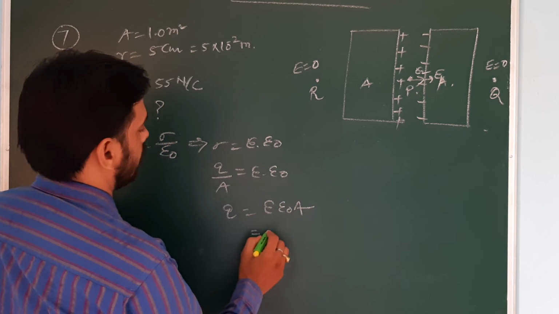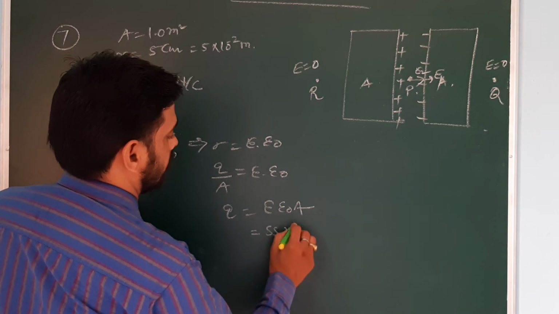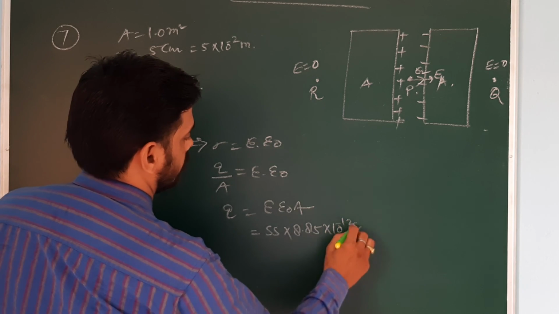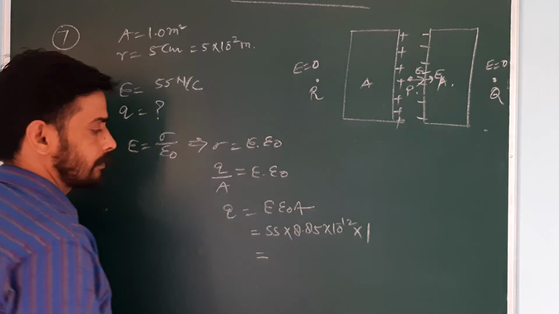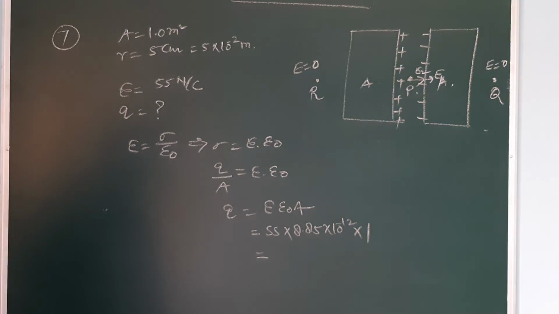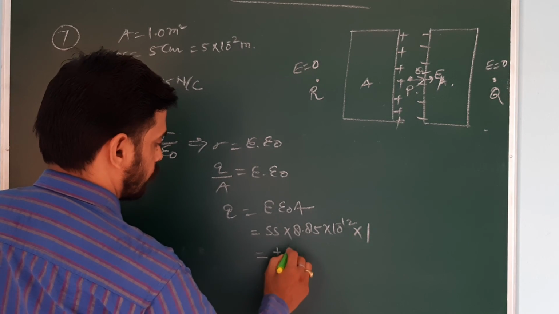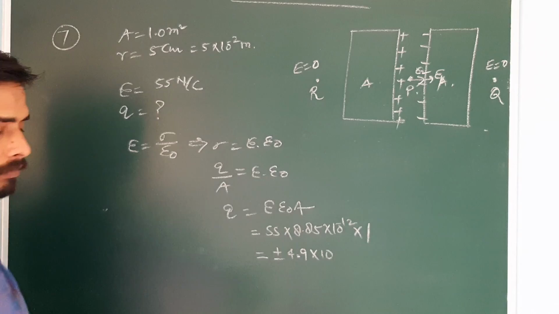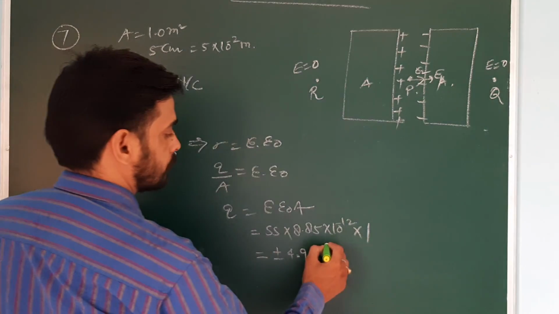What is E? 55. Epsilon naught, as you know, is 8.85 into 10 power minus 12, and the area is 1 meter square. Now evaluate it. You will get the answer plus minus 4.9 into 10 power minus 10.